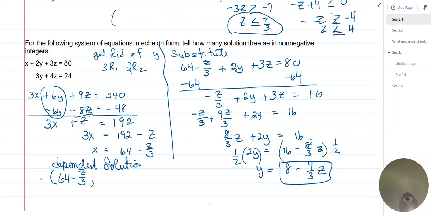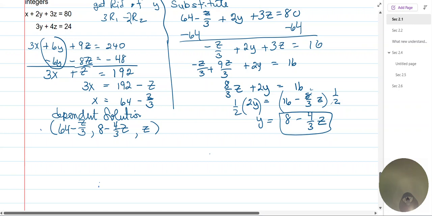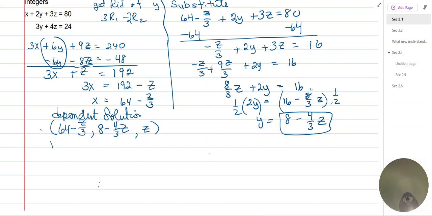For my y, I have 8 minus 4 thirds z. And of course, I have my z. Well, now I need my parameters, so we can tell how many solutions there are. In this case, I'm going to solve first for the x.